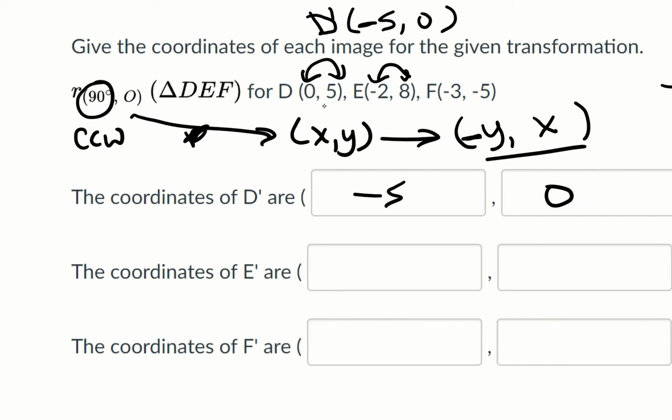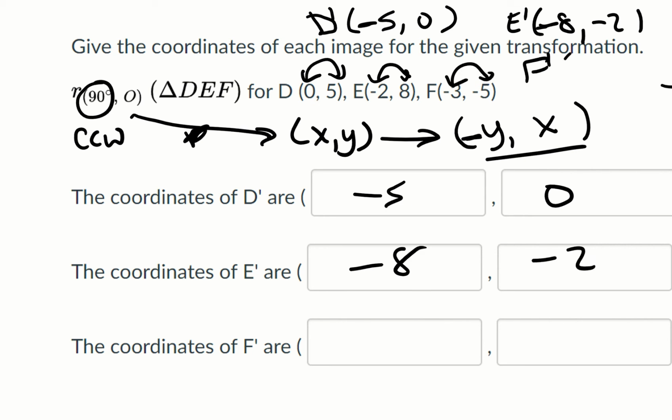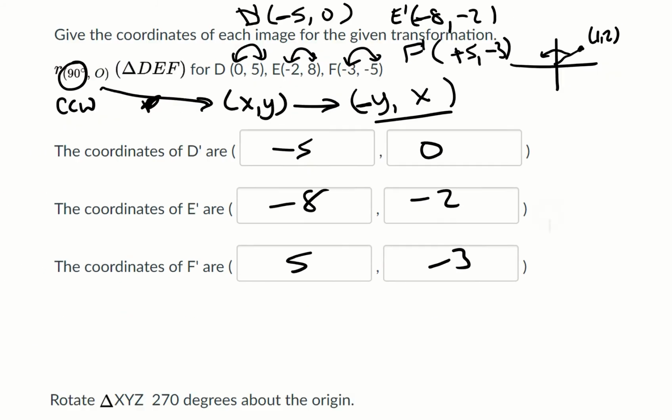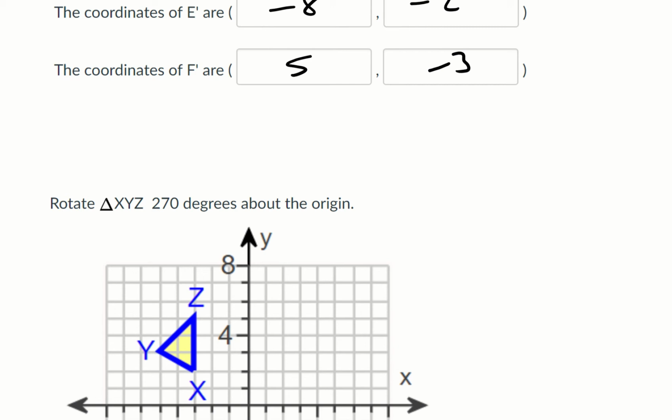We switch the coordinates for E to get E prime, and then the first coordinate changes to the opposite sign, so negative 8, negative 2. We switch the coordinates for F to get F prime, then the first sign has to change. Because there's a negative there, and 2 negatives is a positive, that becomes positive 5, negative 3. Right? Those are my coordinates.